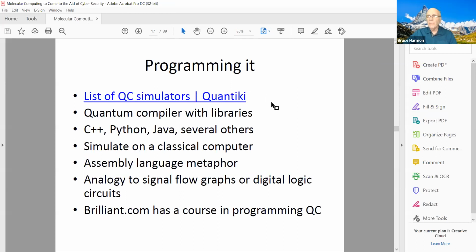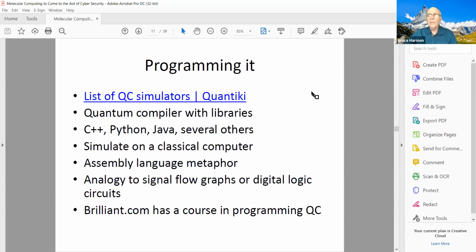Something of a wiki here for them. So you would program these computers and you would run in a simulator, and the simulator would run on a classical computer because, unless you have authorization to tap into IBM or Google or whoever is making theirs publicly available to you, you're going to run a simulator on your algorithm.